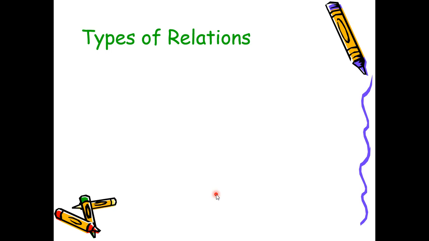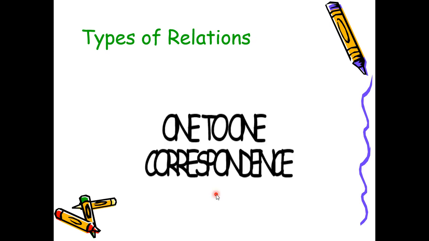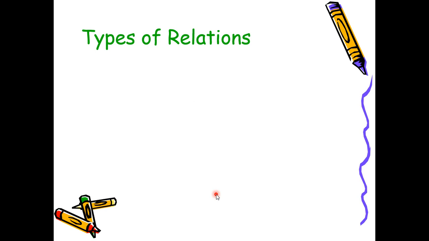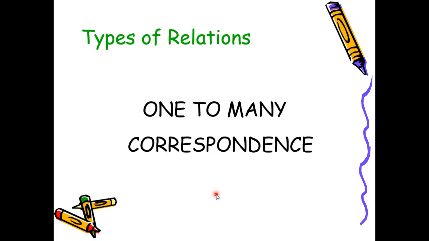Okay? So, meron po tayong apat na types of relation. So, it was also written ata on your module. May mga examples din po doon. Okay? So we have four types of relation. The first type is the one-to-one correspondence. The second one is the one-to-many correspondence.